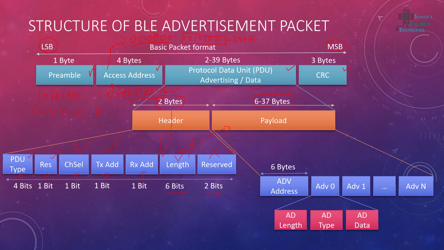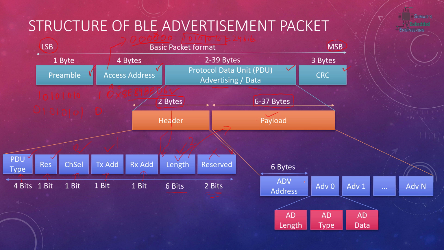Now let's move to the payload. It can be from 6 to 37 bytes in case of normal, directed or non-directed, or general advertisement, and it can be more bytes if it's extended advertisement.